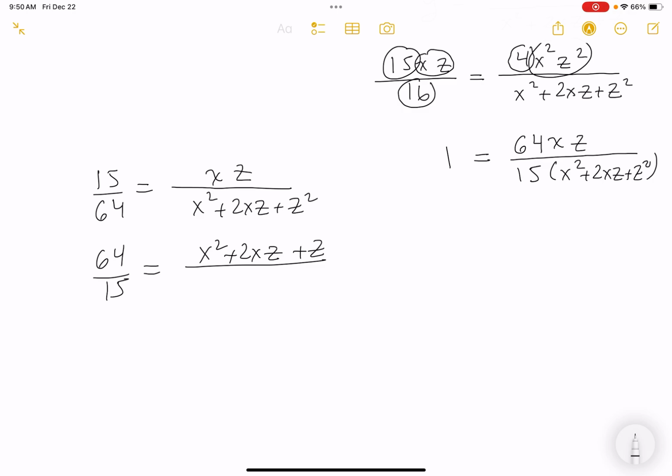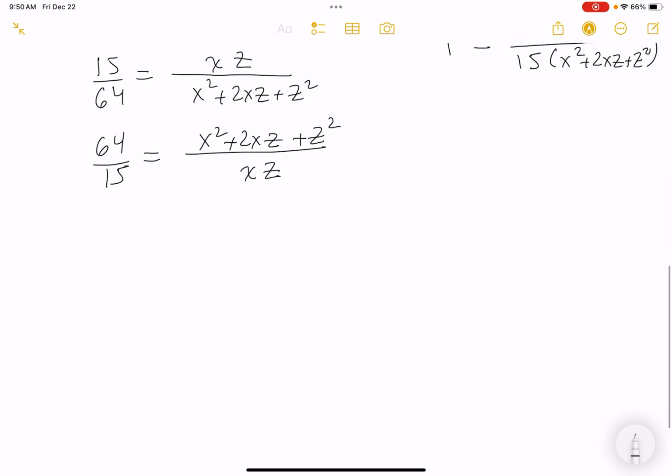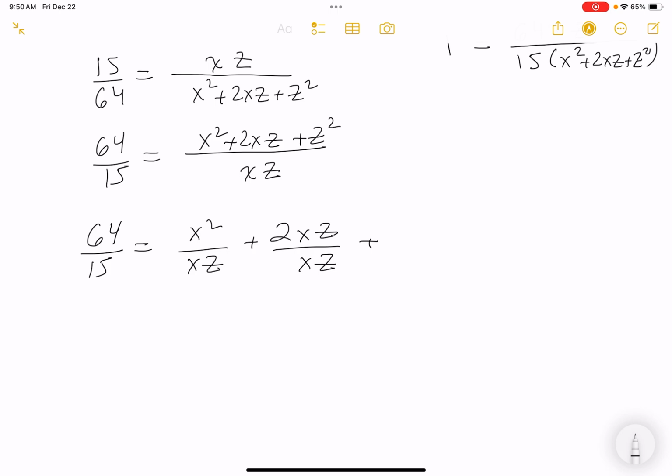This is going to allow me to break it into several fractions, by the way. Let's put this down. 64 over 15 equals x squared over xz plus 2xz over xz plus z squared over xz.